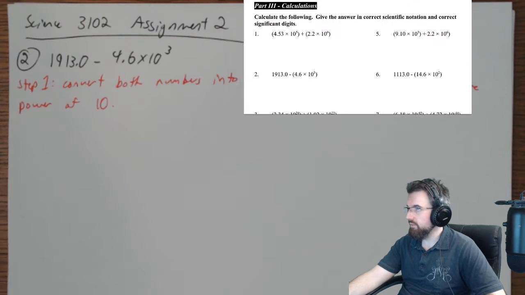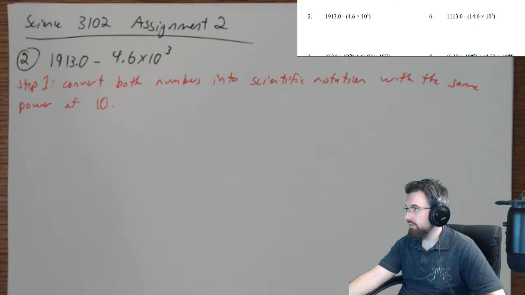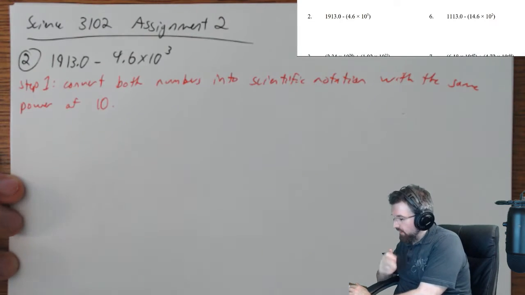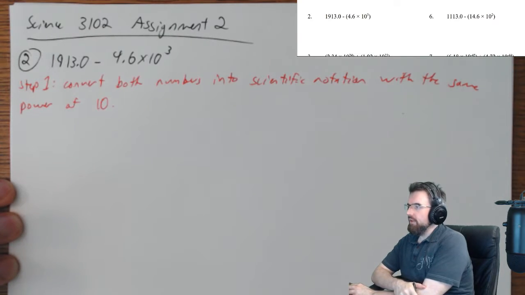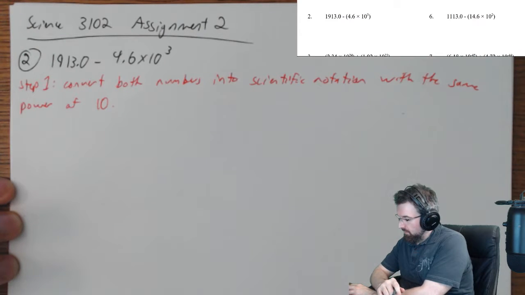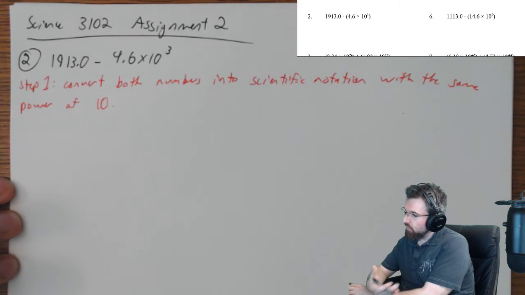Actually, I'll just move this further up in the corner like so. Okay. So I'm not spending a ton of time here on the scientific notation part because I want to talk more about significant digits right now. But we'll recall that when we write something in scientific notation, we put our decimal after the first non-zero digit, right?